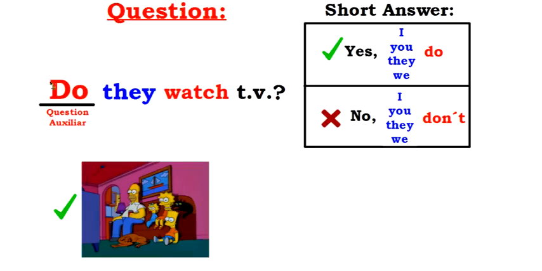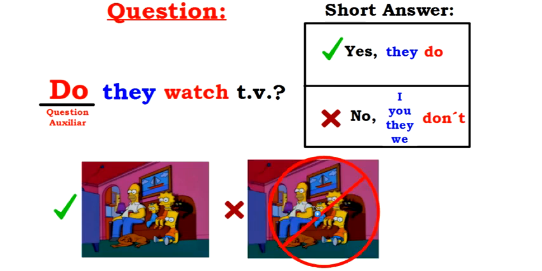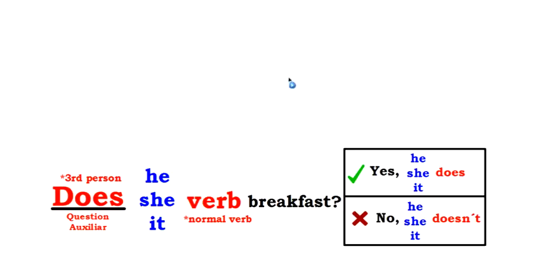Again, the auxiliary do, because my subject is they. Do they? And then the verb watch. Do they watch TV? Now, the answer is yes, they do. But for this one, the answer is no, they don't. Very good.